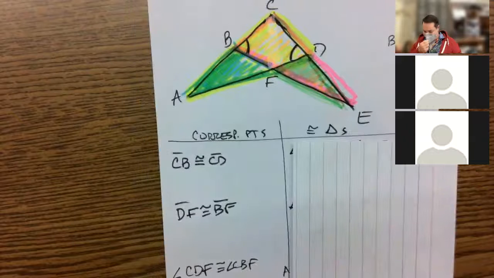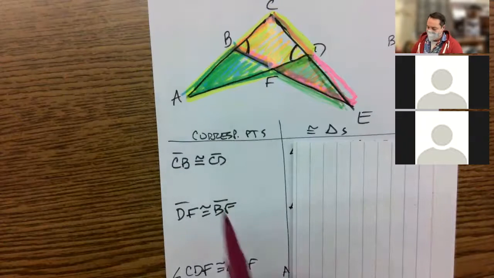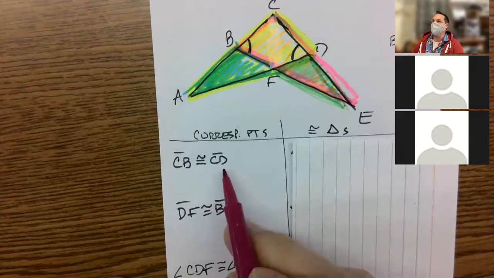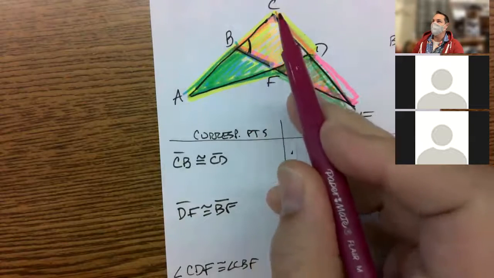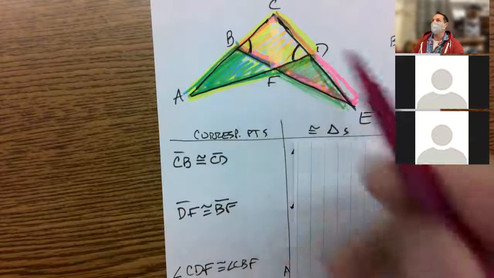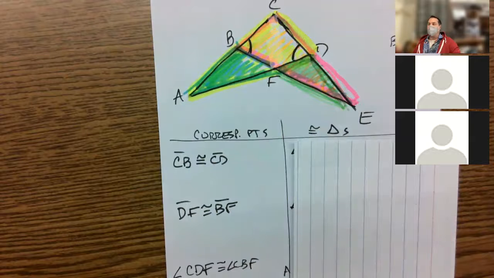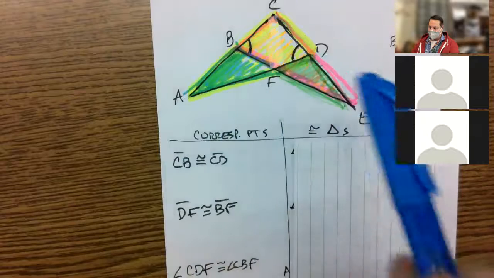So the question becomes, if we were trying to, for instance, use CPCTC to prove that CB and CD are congruent, which triangles would we want to prove are congruent? CAD and CEB.